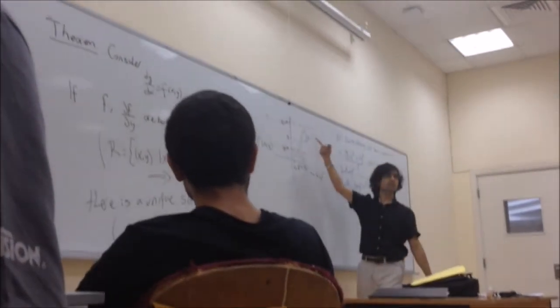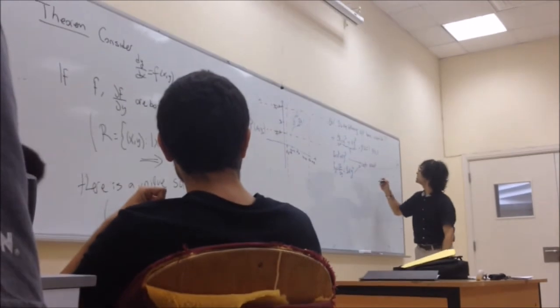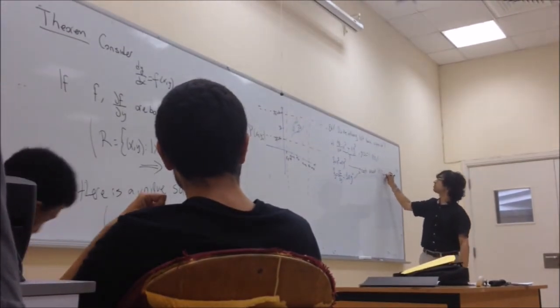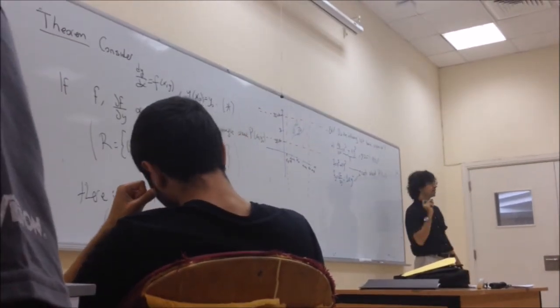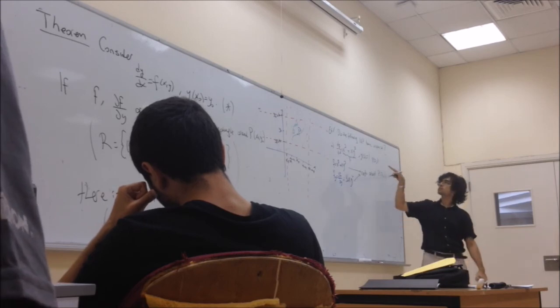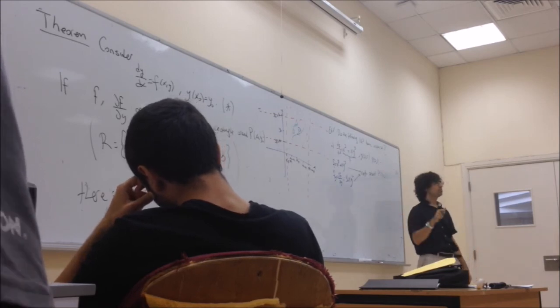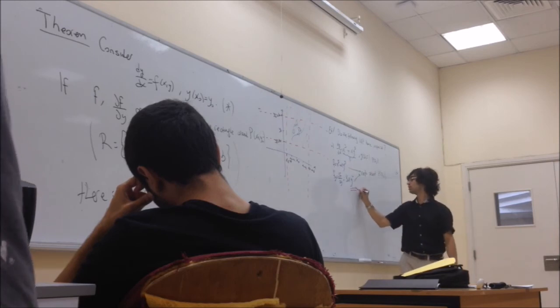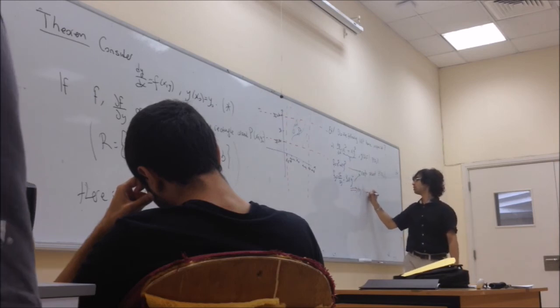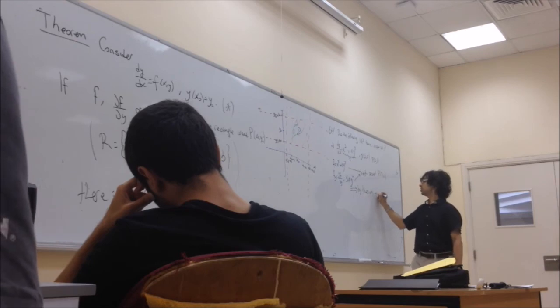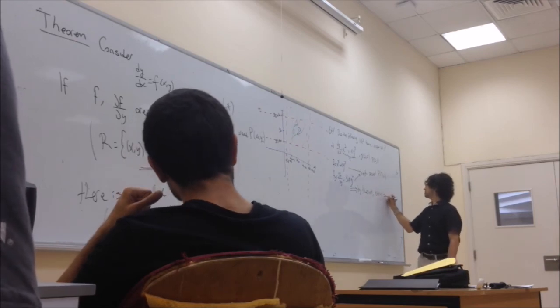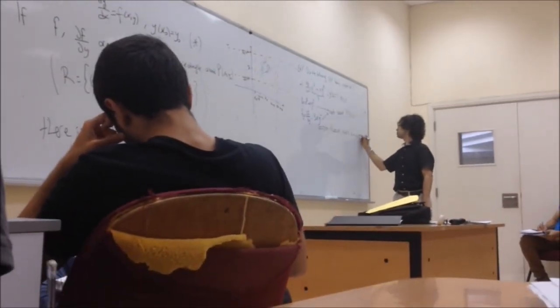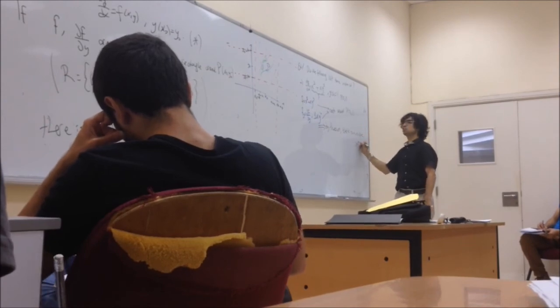That's why you need a rectangle. So these are both continuous around the point 2, 1. Therefore, by our theorem, this initial value problem must have a unique solution.